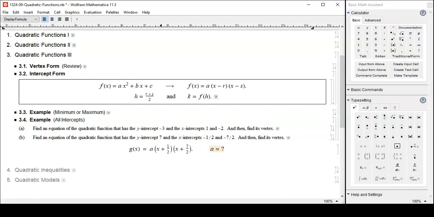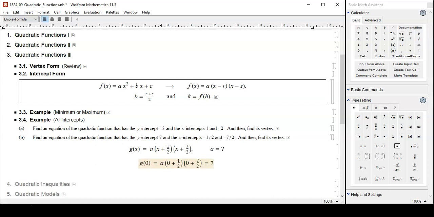I have to find it out. Okay, y-intercept is 7, so g of 0 is 7, you see. So a times 0 plus 1/2, 0 plus 7/2, and that's 7.